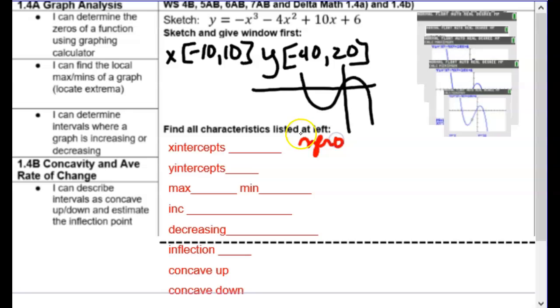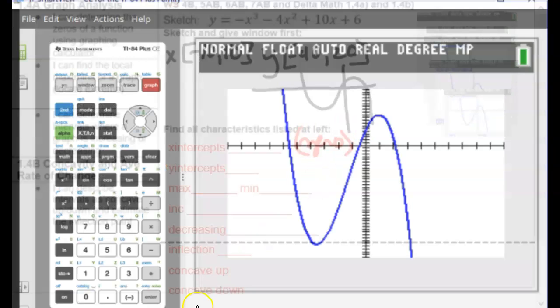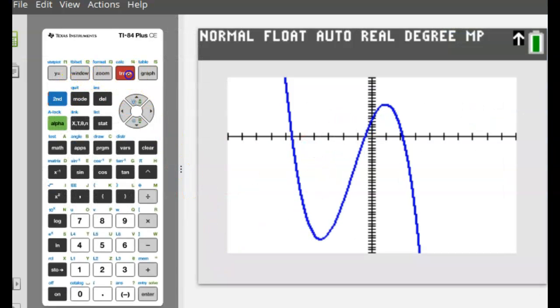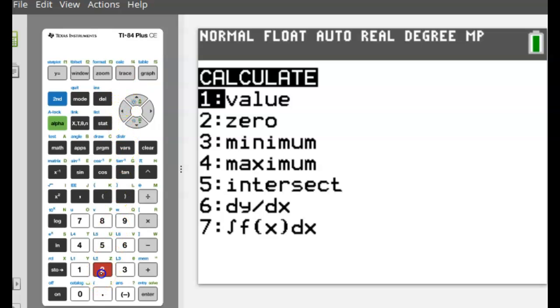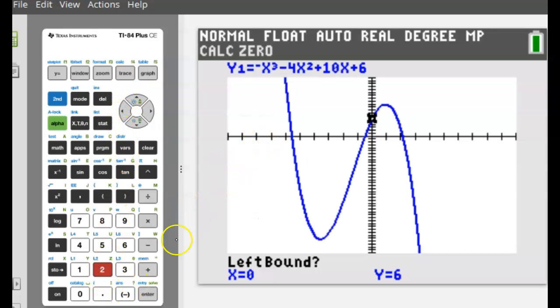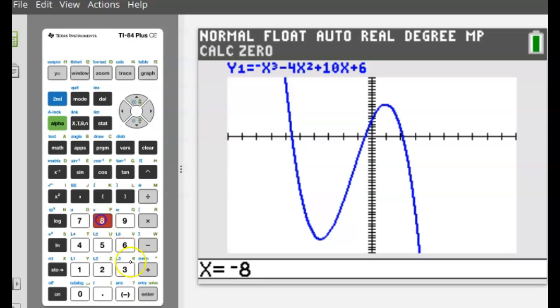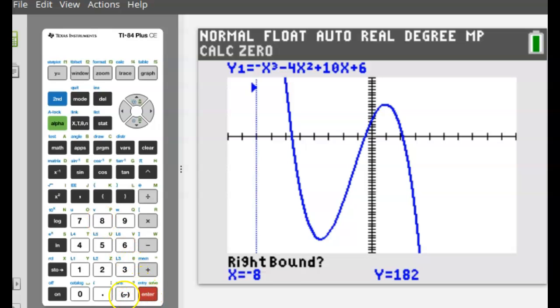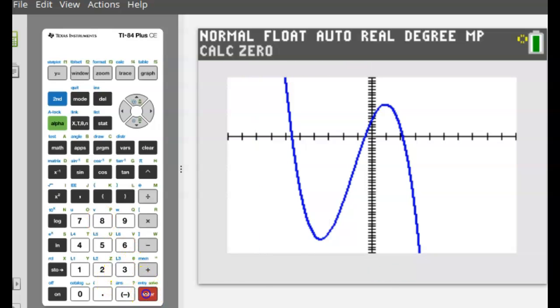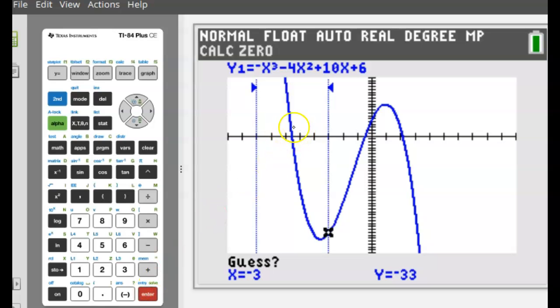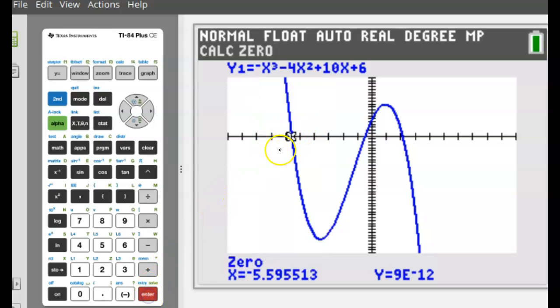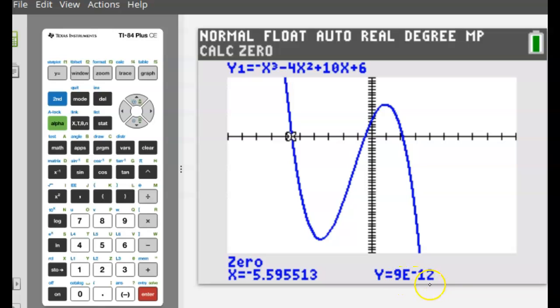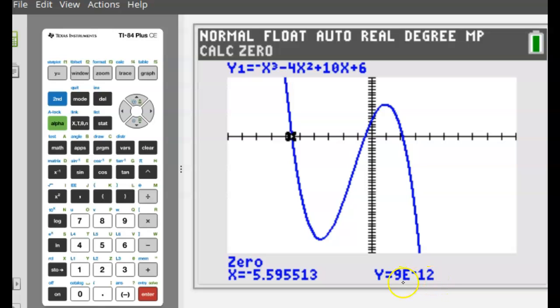Zeros. So you go second trace and find the zeros. The first one is out here somewhere between like, I don't know, -8 and -3. Okay, you can scroll around, but you need to make sure that it's blinking on that and says 0 when you're done. Now, 9e to the negative 12 is just calculator error. Everybody's good? That's 0.